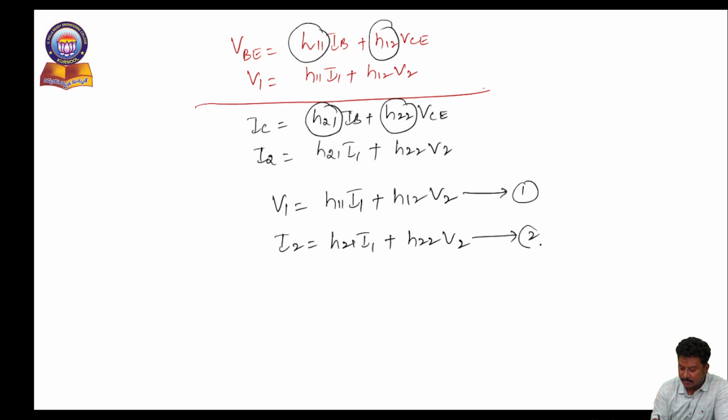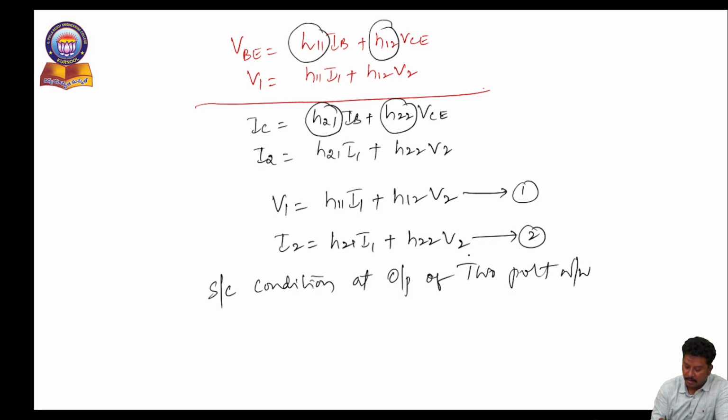This is equation 2. So first, initially, I am applying the short circuited condition at output of two-port network. So at the output side, I am applying the short circuited condition.